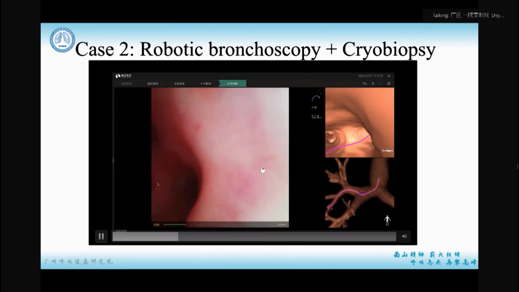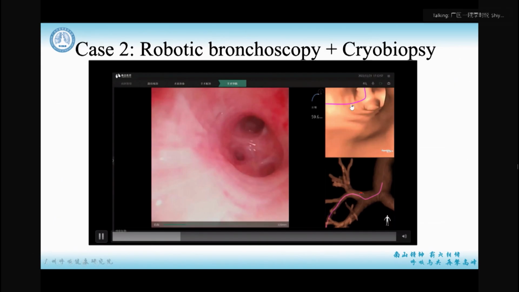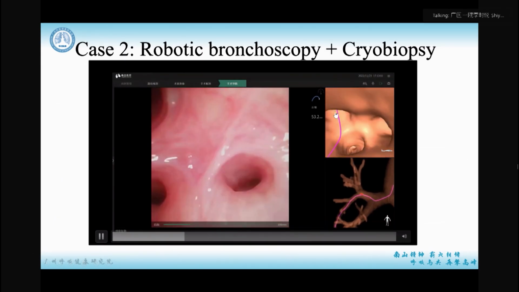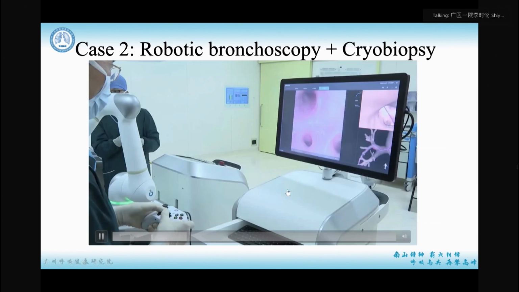Then under the guidance of the robot, we can get to the nodule.